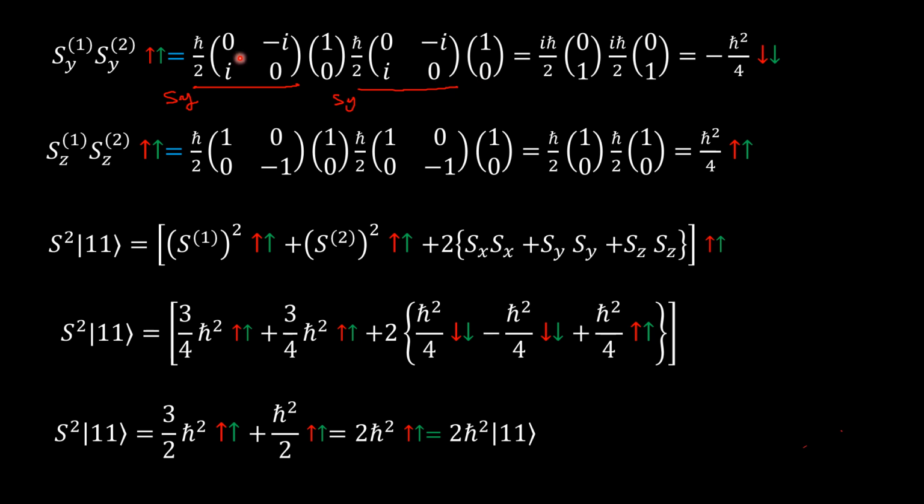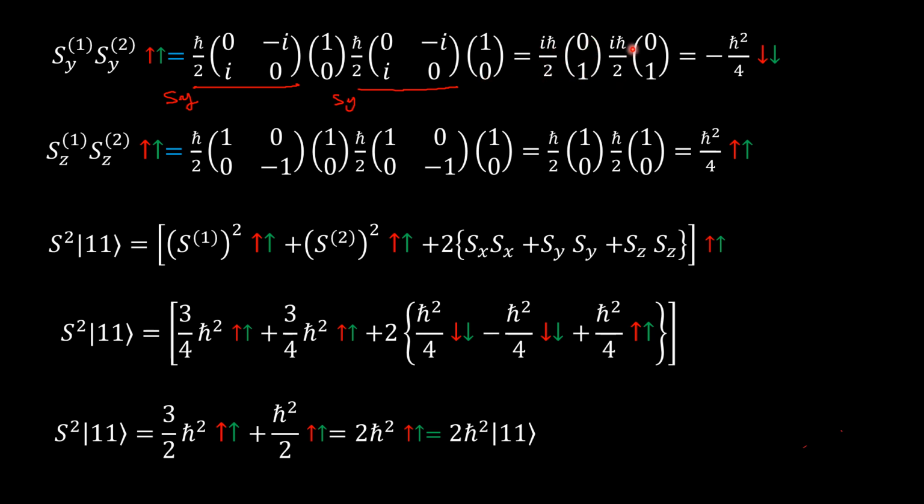So you multiply first the first row with this column, which will be 0. And the second row with this column gives i, and that i I am bringing here, this will become 1. So iħ/2 times (0, 1).